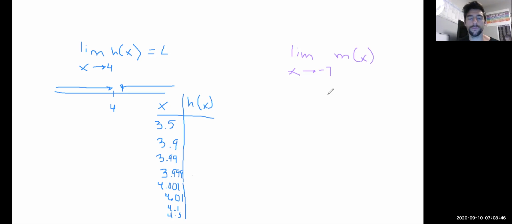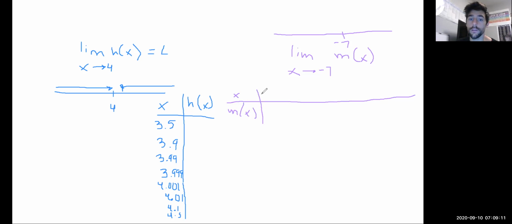And I can also do a table horizontally, but the setup starts the exact same. So if I want to figure out, okay, what is the limit as x approaches -7 of this function m of x, I want to figure out what are values that are smaller than -7, but getting closer. So I'll do x values and m of x values, and I will almost certainly run out of space, but it's fine, I'll try my best.